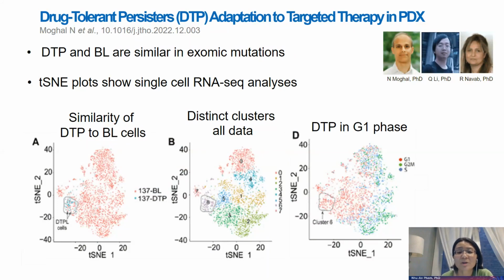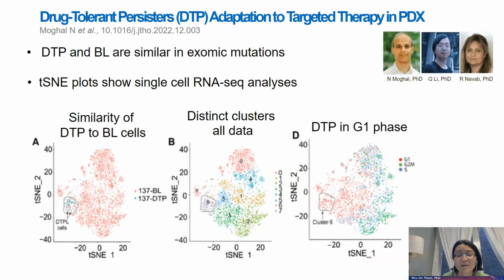So what do we learn from that? We learned that in terms of the exomic mutations, the drug-tolerant persister phase is very similar to the baseline phase. And here from the RNA-seq analysis, the results are shown as t-SNE plots, in which each dot is a cell, and cells are placed nearby one another if they have similar transcriptomic profiles.